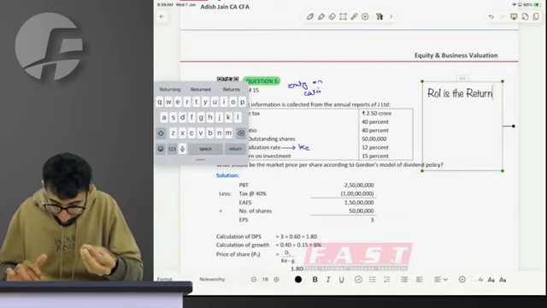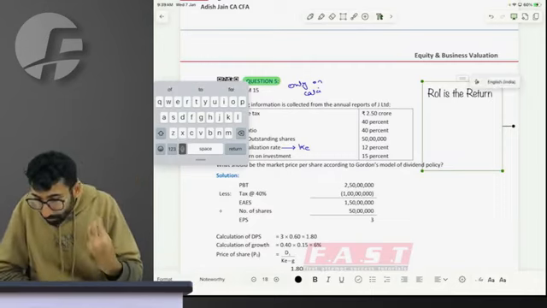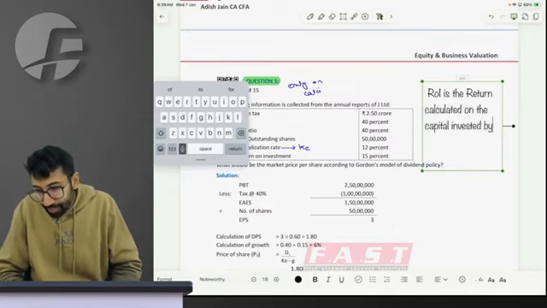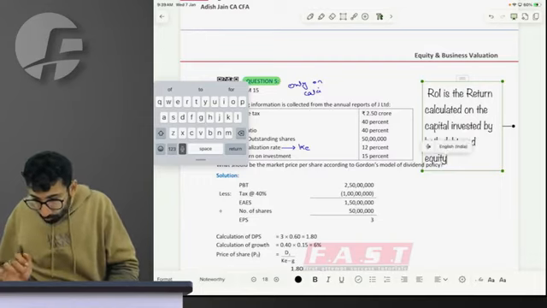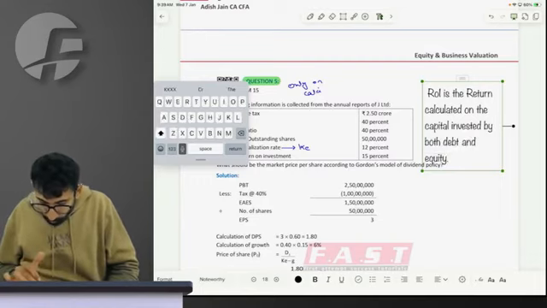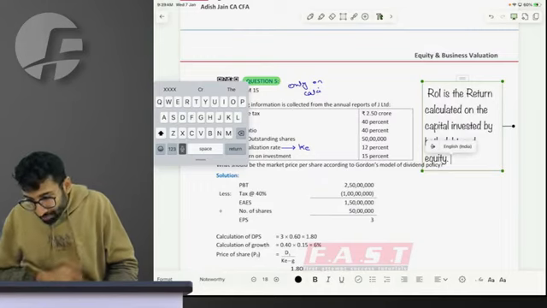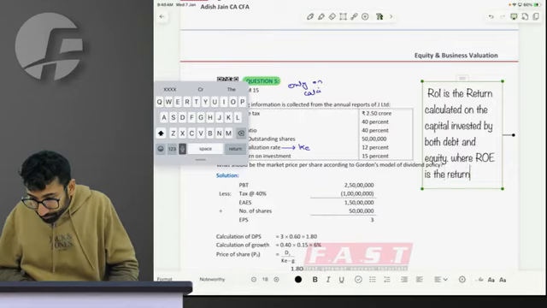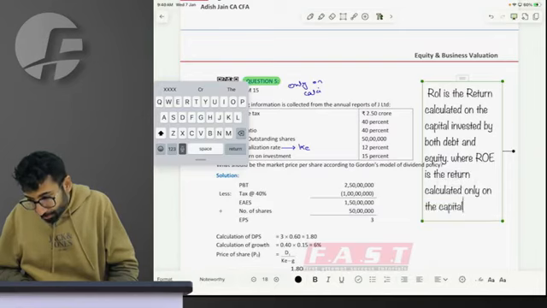So ROI is the return calculated on the capital invested by both debt and equity, whereas ROE is the return calculated only on the capital invested by equity.